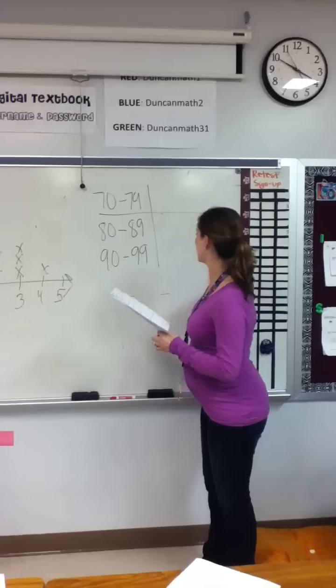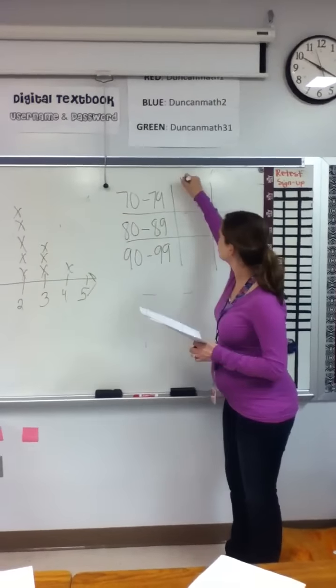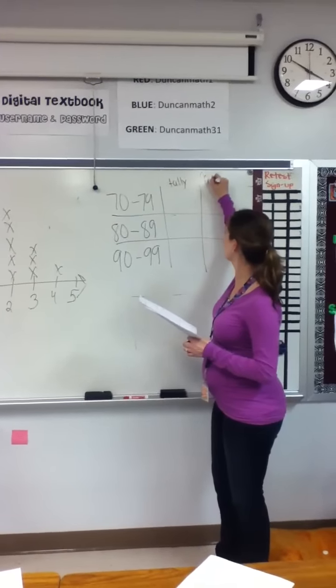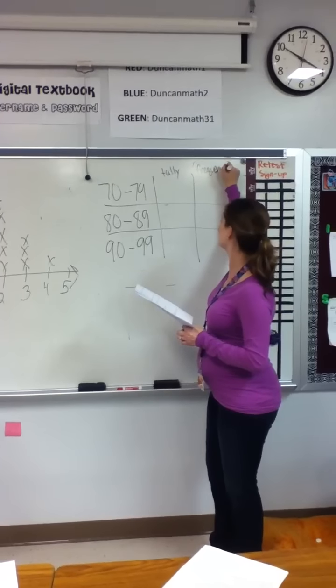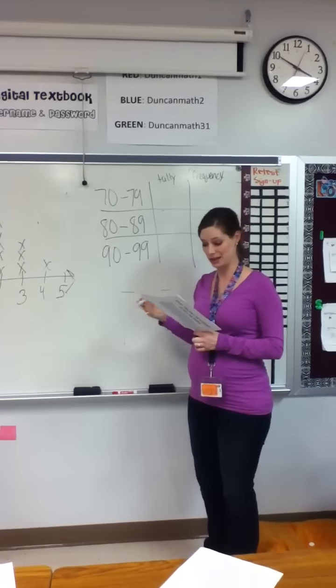To make a frequency table, you have your tally marks, and then you have your frequency, which basically is just you counting up your tallies.